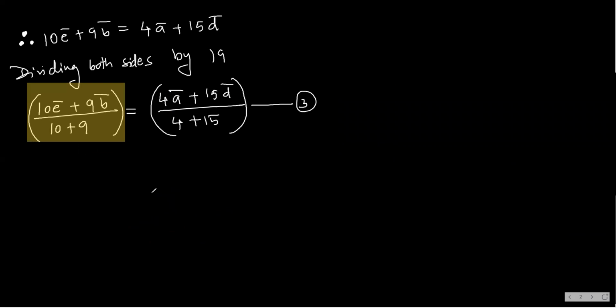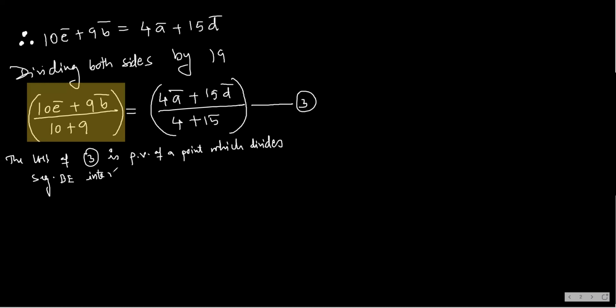I will write here: the LHS of 3 is position vector of a point which divides segment BE internally in the ratio 10:9.